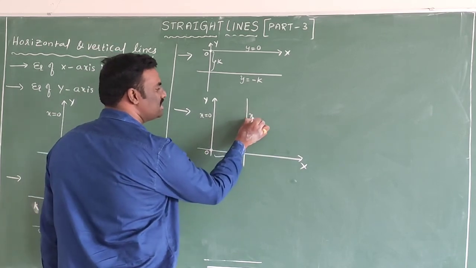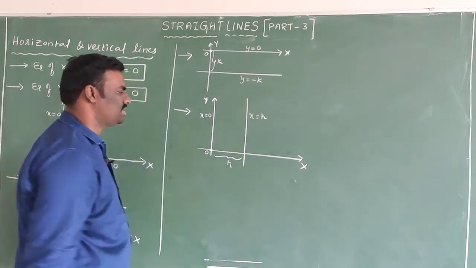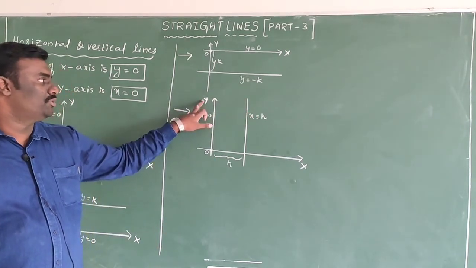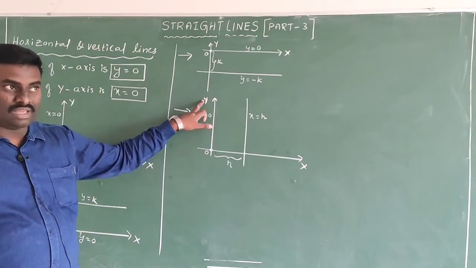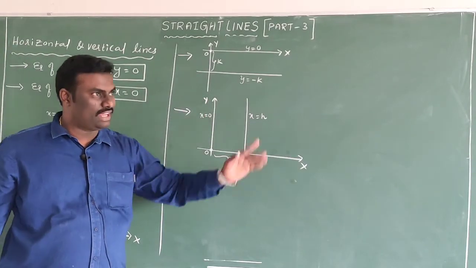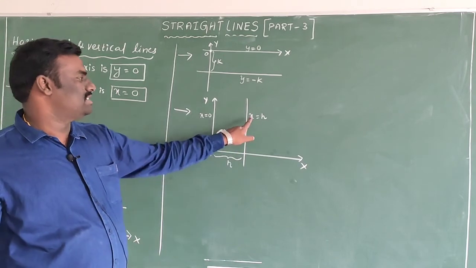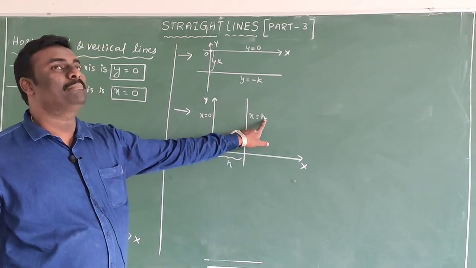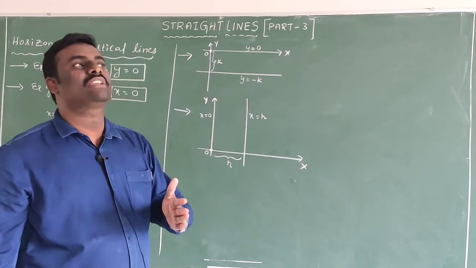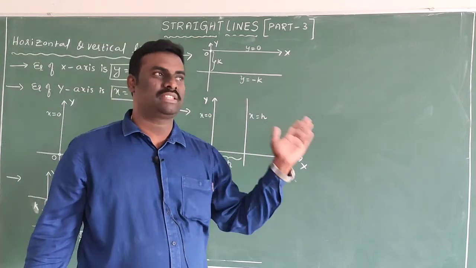So therefore this is equal to x is equal to h. Once again listen, a line which is parallel to y axis and h units right side of y axis. So its equation is x is equal to plus h. Why plus? Here right side means plus will come, left side means minus will come.